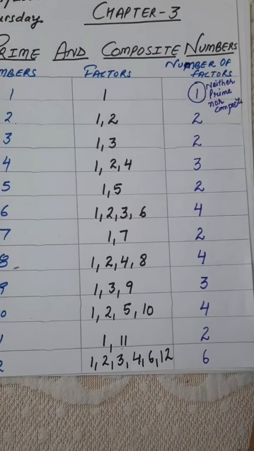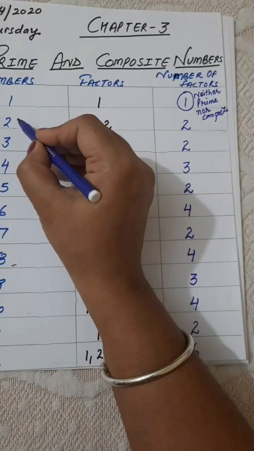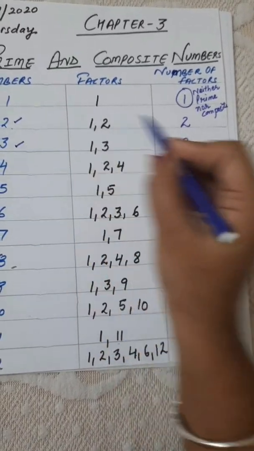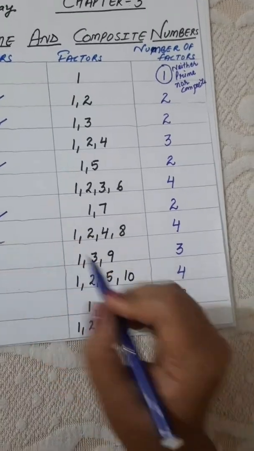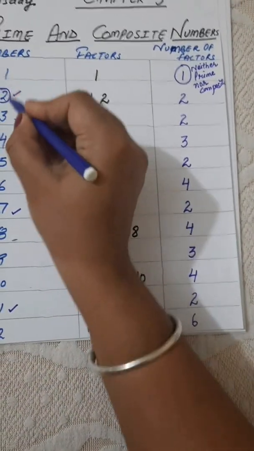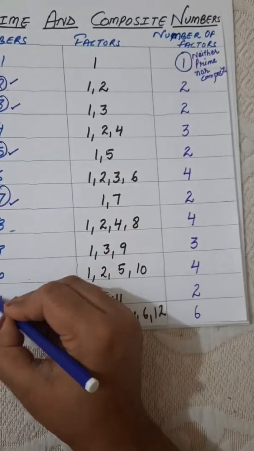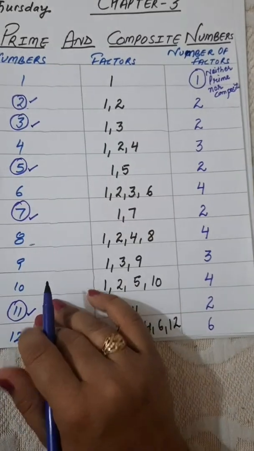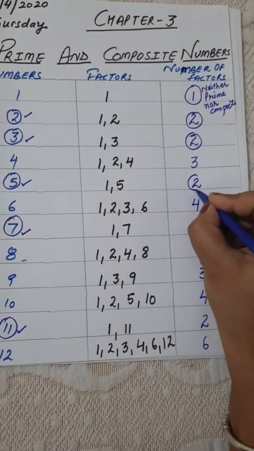If I observe this pattern, there are some numbers which have only 2 factors, that is 2, then 3, then we have 5, then we have 7, then we have 11. If I circle these numbers 2, 3, 5, 7 and 11, these are the numbers in which there are only 2 factors.